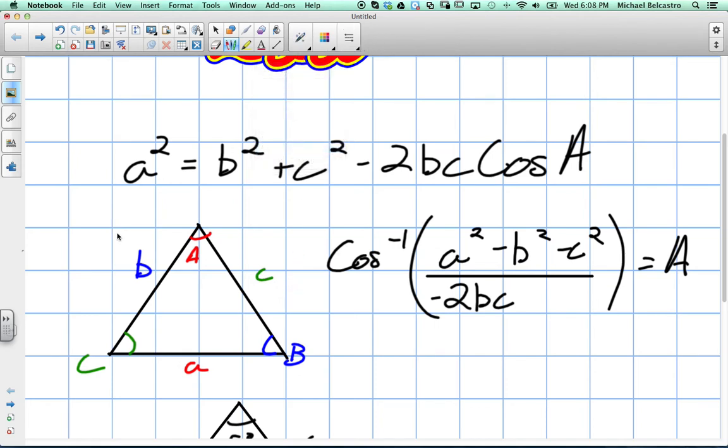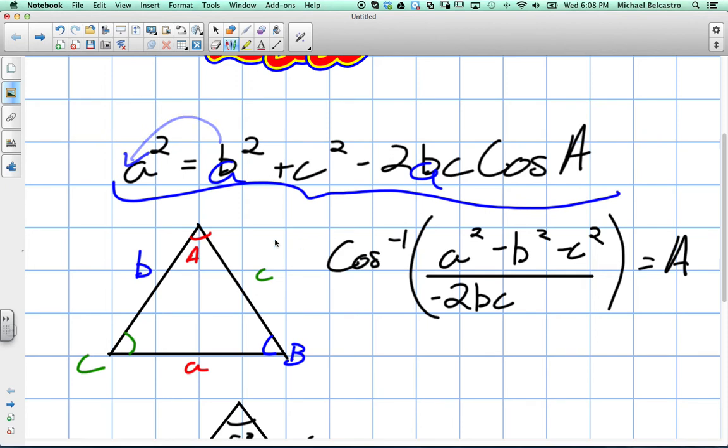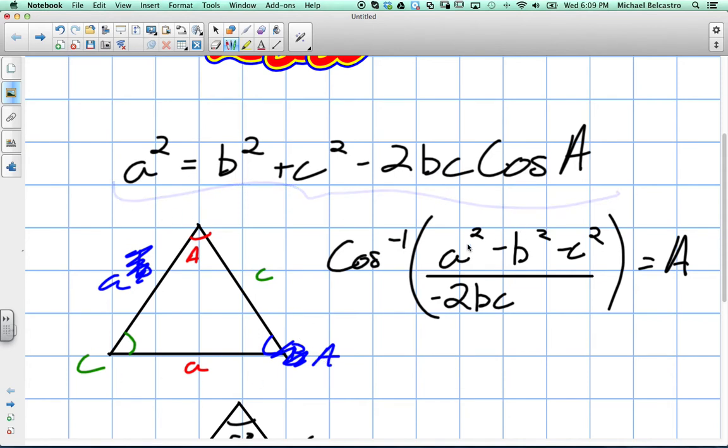So, in other words, if they're asking me to solve for side B and I want to use this formula, I actually have two ways about doing this. I can put the B out here and then make this A and make this A, and it changes the whole formula. Or I just keep the same formula I was doing before and I rename it. I'm going to turn this into side A and this into angle A, because it doesn't technically matter. This formula will work every time, okay?